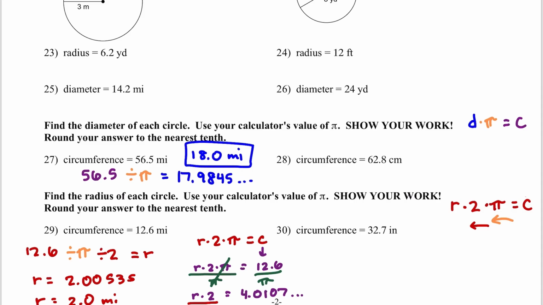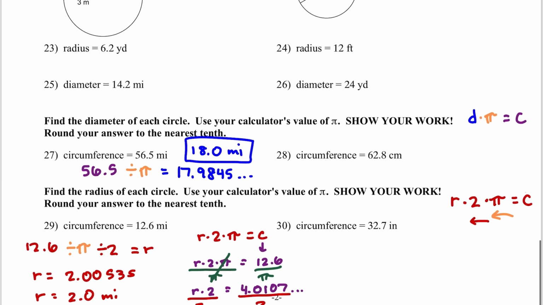So again, I undo that multiplication with division. Do the same thing to the other side to balance it out. My 2's will divide out, and that leaves me with just the radius, which is equal to, and once again, I would need to type this into my calculator, 4.0107 divided by 2, which is equal to the same thing that I got before, 2.0 miles.